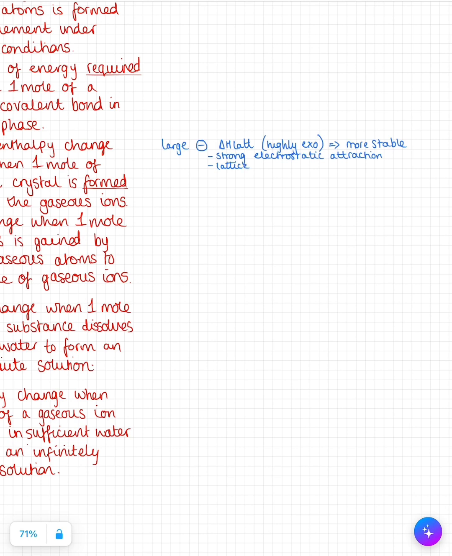So the more exothermic your value, i.e. the more negative your value, the more stable your ionic compound and the stronger the ionic bonds are. Because the ionic bonds are the attraction between the positive and negative ions.